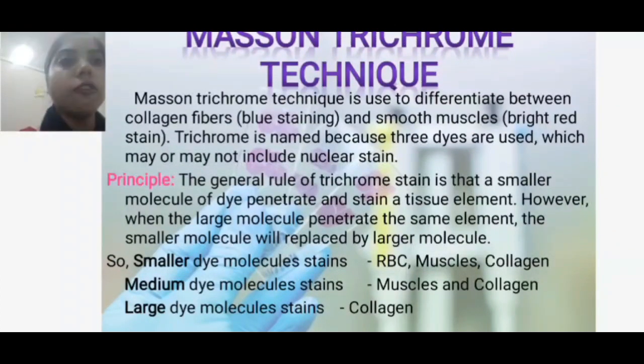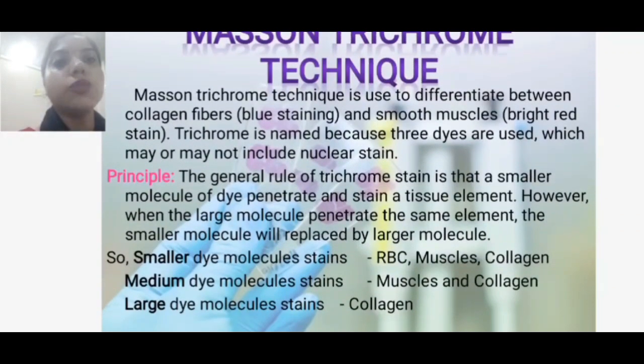The principle of Masson trichrome technique is that the general rule of trichrome stain is that smaller molecules of dye penetrate and stain the tissue element. However, the large molecule penetrates the same element and the smaller molecule will be replaced by the larger molecule.